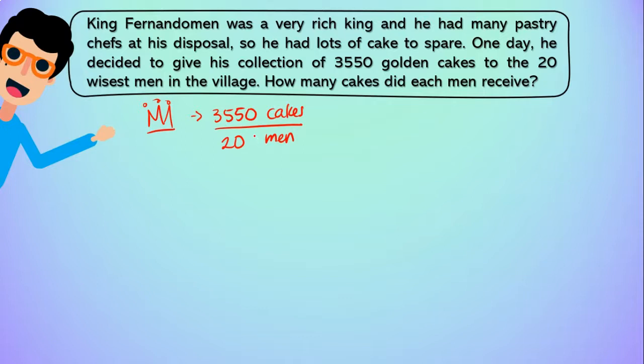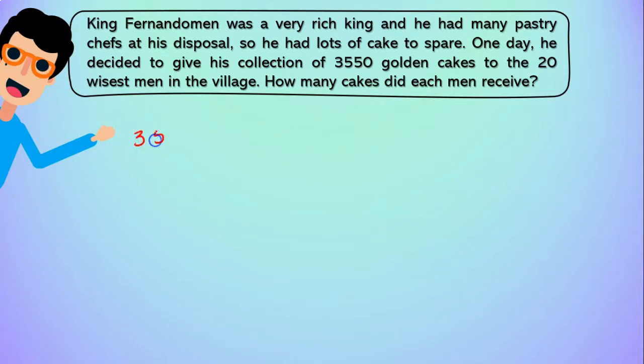And now we're posed with the question of how many cakes did each man receive? Okay, so again, in order to know how many cakes each man received, we have to make the division of the total amount of cakes divided by the total amount of men that are going to receive the cakes.